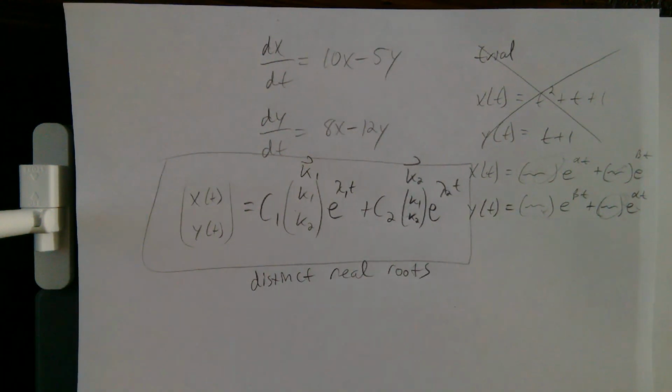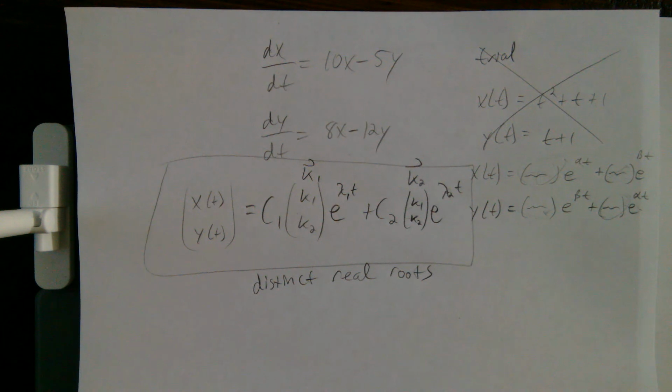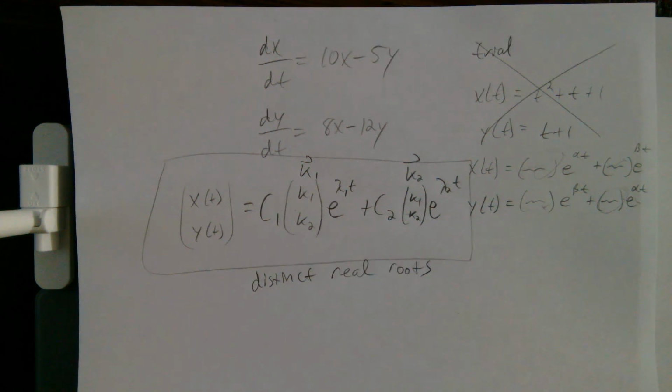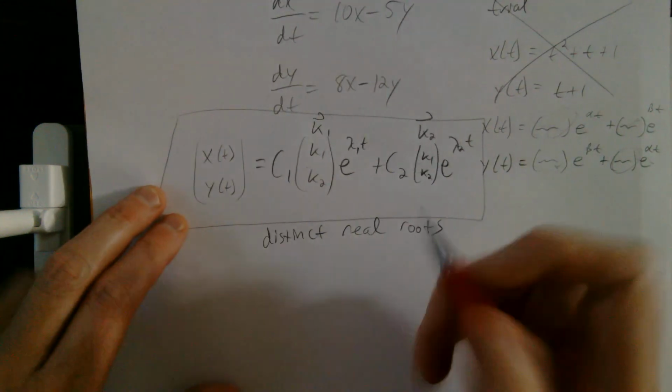The general solution for repeated real roots will look a little different, and I'll go over that in another video. And the general solution for complex roots will have exponential factors, but also sines and cosines, as we've been used to seeing with other methods.